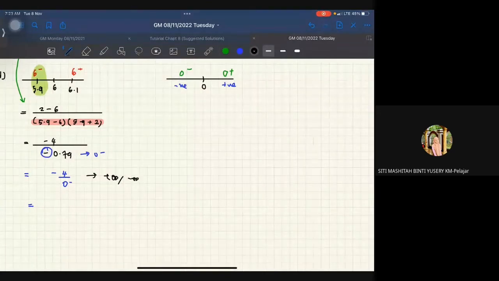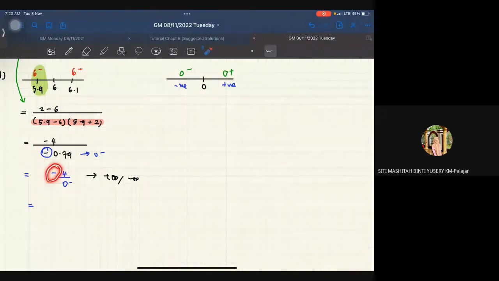So macam mana awak nak tahu? Alright, so kita ada something negative, and then kita divide by something yang negative juga. Okay, so negative divided by negative, you get positive. So jawapan kita untuk ini adalah positive infinity. This one.